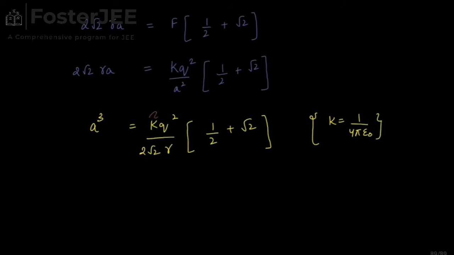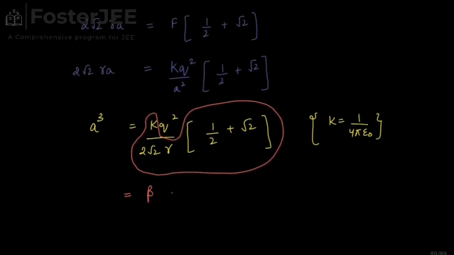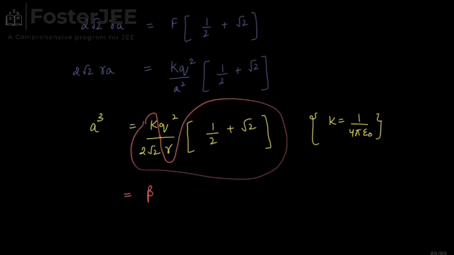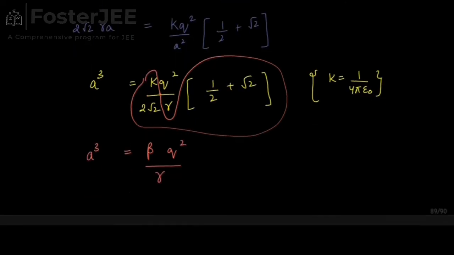Now, let us say that this whole term is a constant. Let us suppose this is some constant beta. Note that this doesn't include gamma. So the rest of the term is beta q square upon gamma is a cube, and hence a is equal to beta q square upon gamma, whole to the power 1 upon 3.